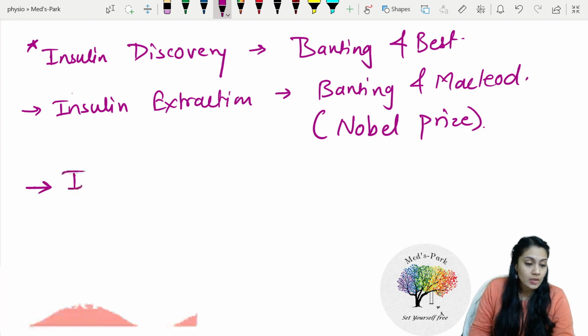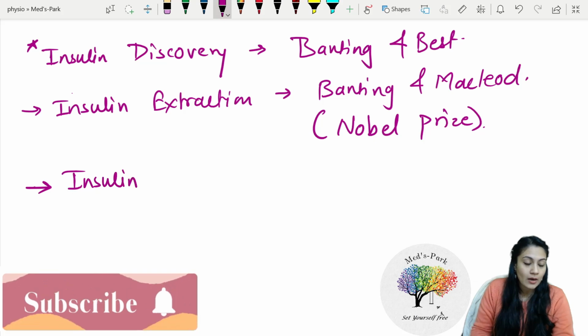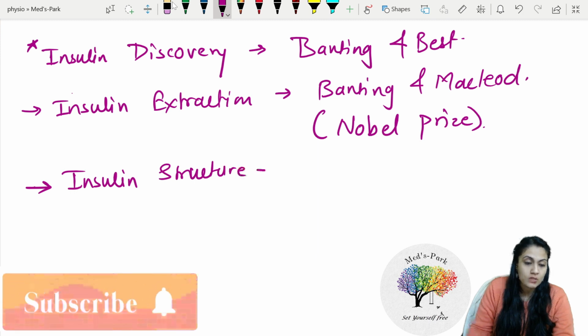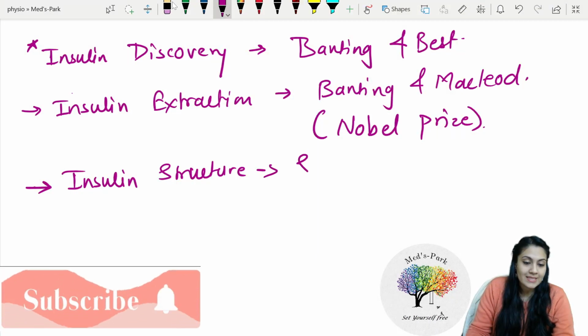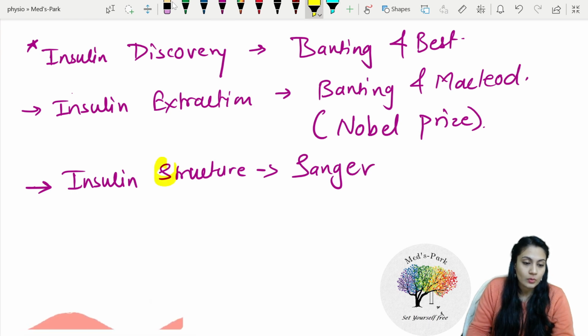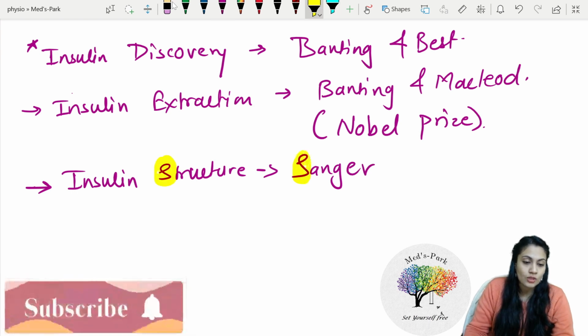Then the insulin structure, how the insulin is actually composed and how it looks. The insulin structure was given by Sanger.